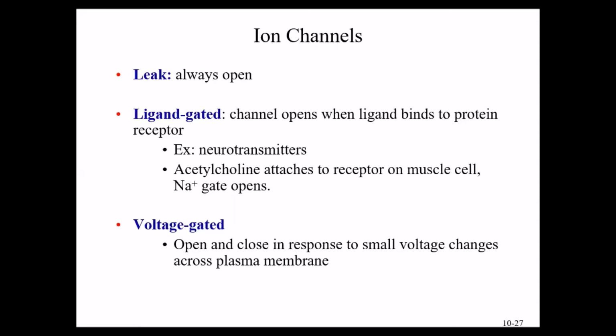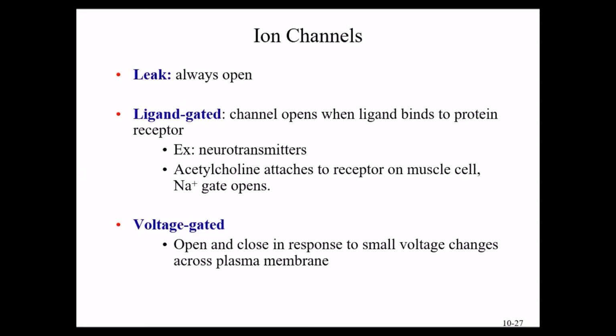There's no gate, which means ions can move back and forth. Potassium usually has a leak channel that allows potassium to move back and forth based on diffusion. If you have a concentration gradient, with higher potassium on one side of the membrane, it pushes through the ion channel to the other side of the membrane.